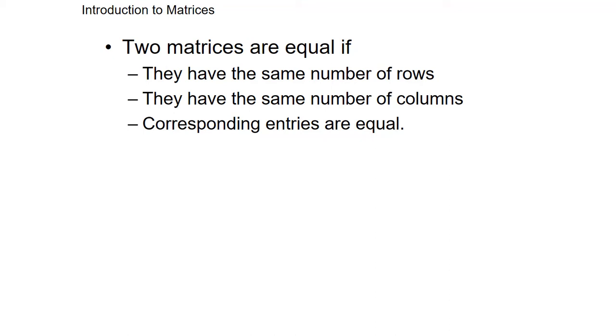Similarly, there's no point in trying to equate a 2 by 2 matrix with a 1 by 4 matrix simply because the entries are the same numbers, it doesn't work that way. It needs to be the same number of rows, same number of columns, and corresponding entries must be equal.